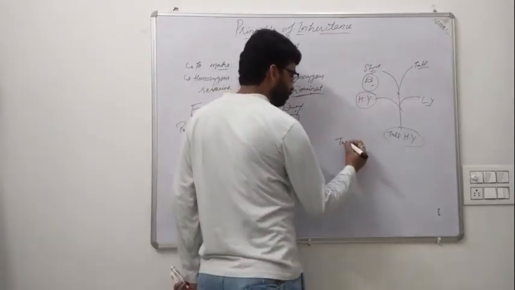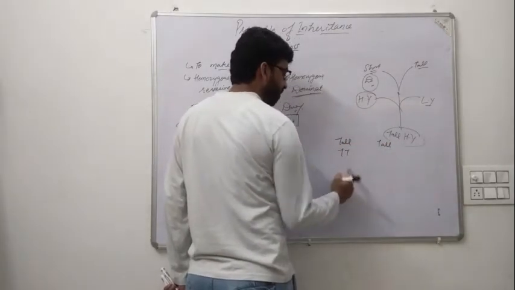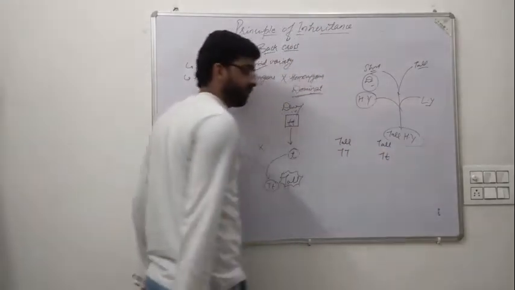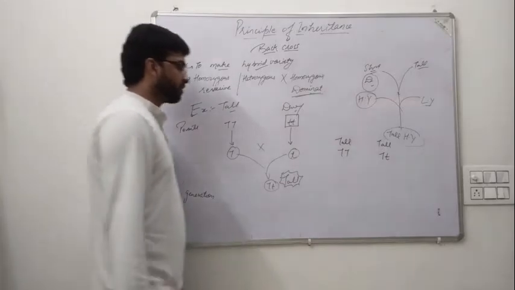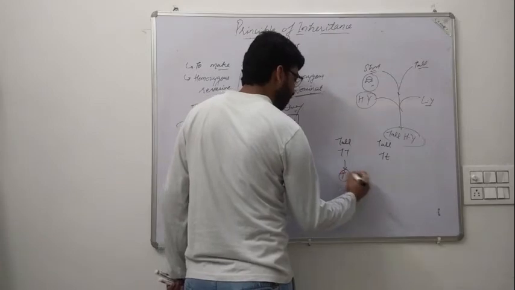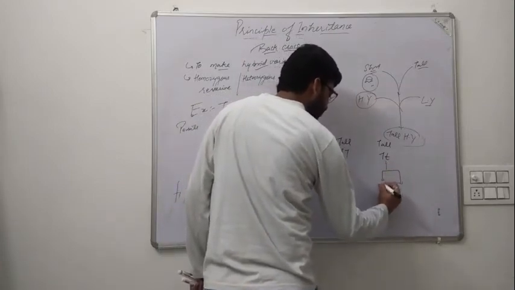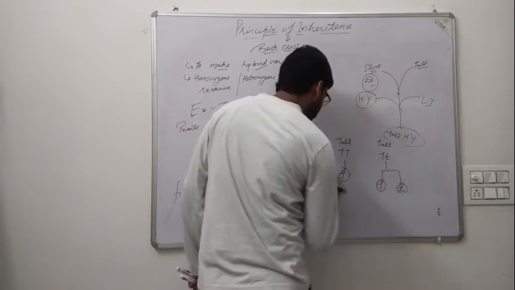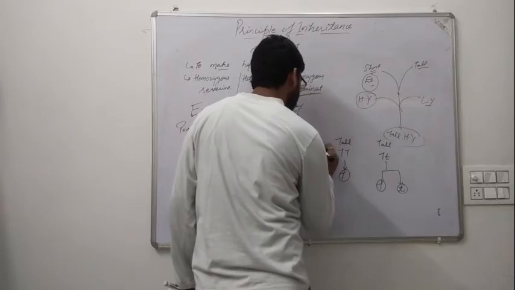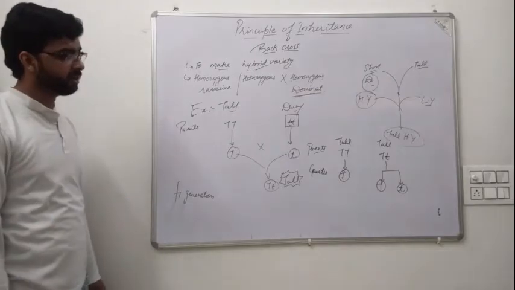Again we take a tall plant, with capital T, a homozygous dominant character, and a heterozygous one. Here it makes two types of gametes, capital T and small t.